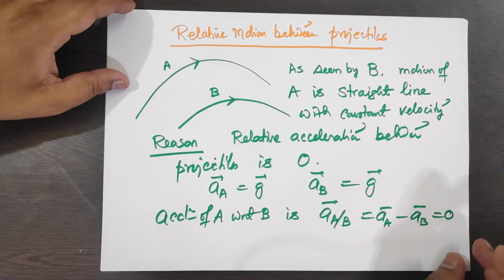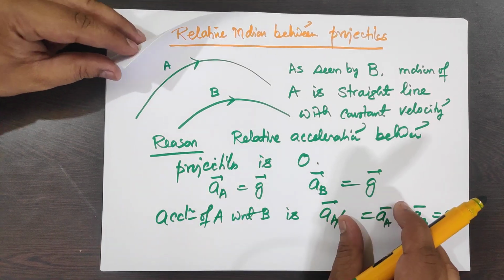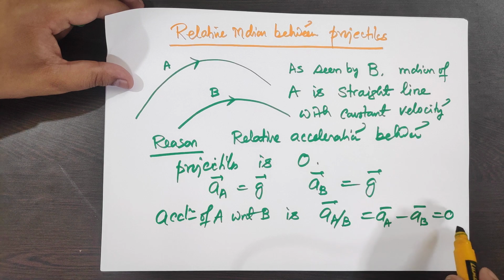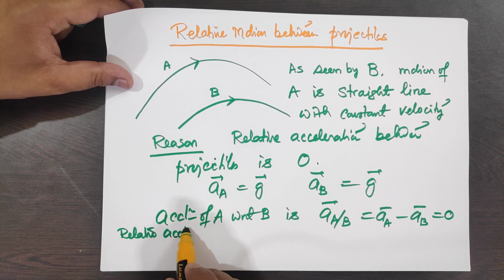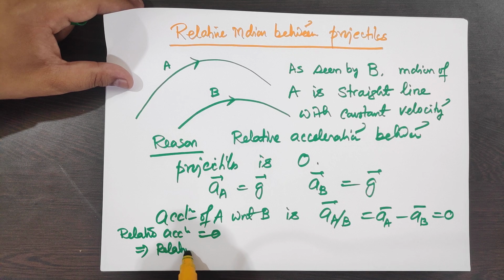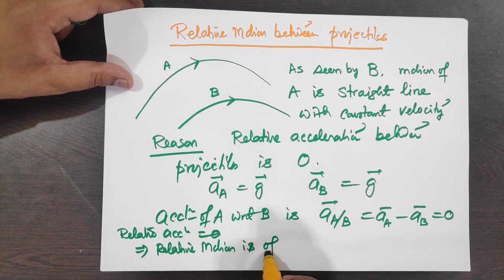So this happens to be 0, as the relative acceleration is 0. That means relative acceleration is 0 implies the relative motion is of uniform velocity.